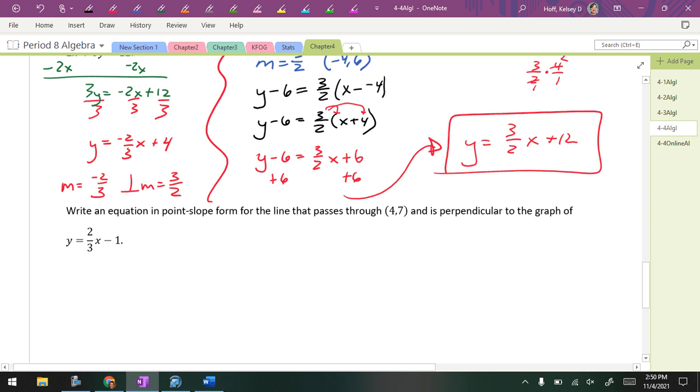Write an equation in point slope form for the line that passes through 4, 7 and is perpendicular to the graph of y equals 2/3 x minus 1. Try this on your own.